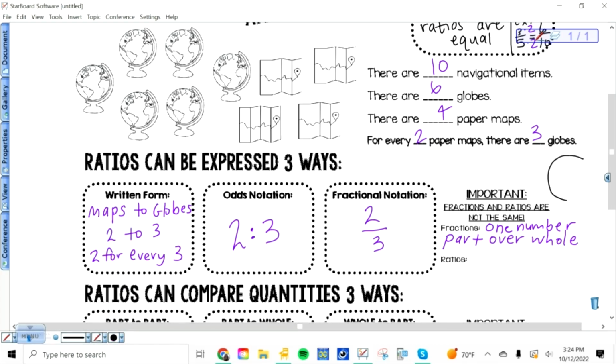We have a pizza and we're looking at 2/3 of it. It's still just one pizza. We're just looking at a part of the whole. Versus a ratio, which is again comparing two numbers.